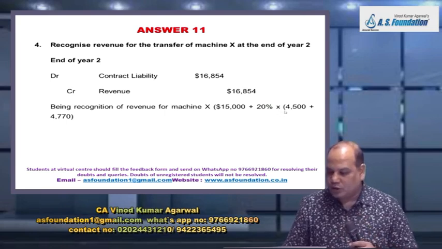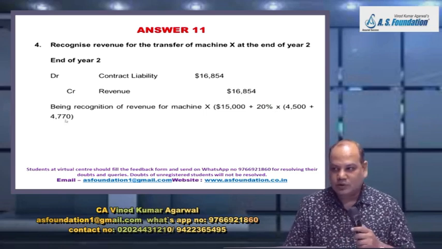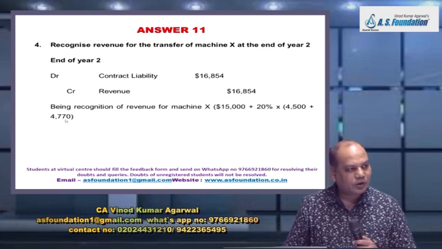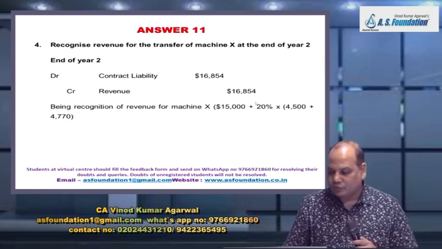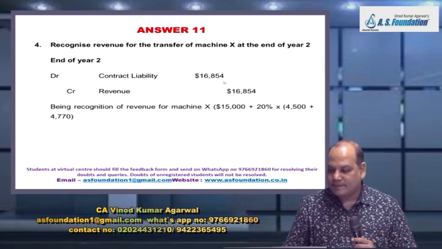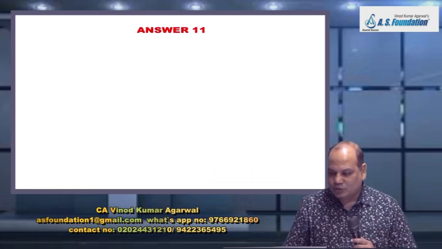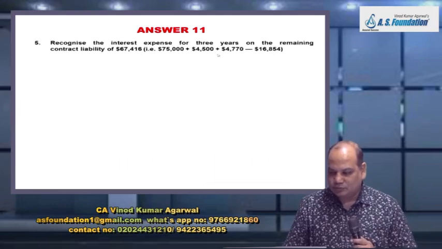We have already calculated interest for 2 years, 4,500 and 4770. Just take 20% of that. Or you can take 15,000 on your calculator plus 6%, plus 6%. How much you are getting? 16,854. Correct? So machine X has been sold, revenue recognized.